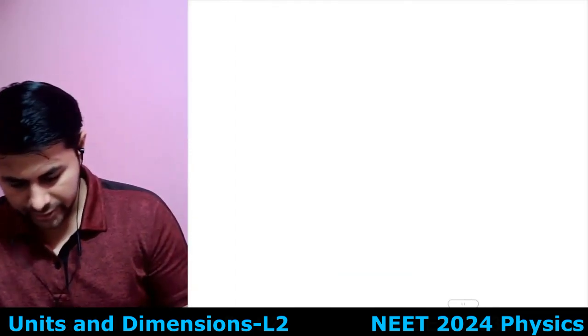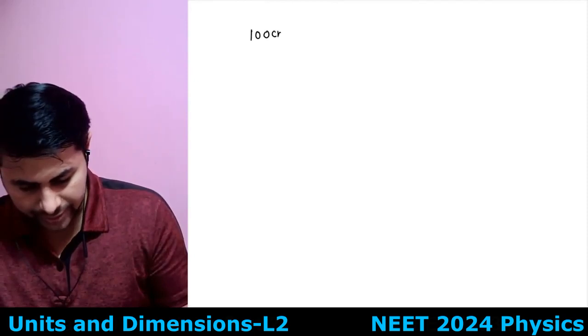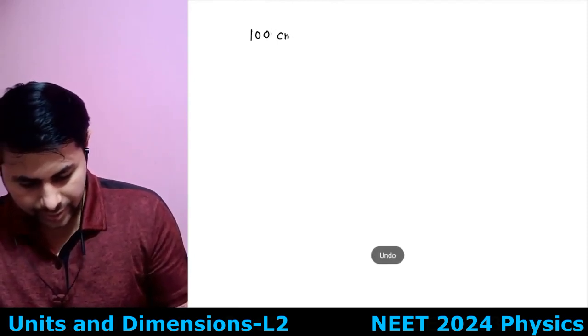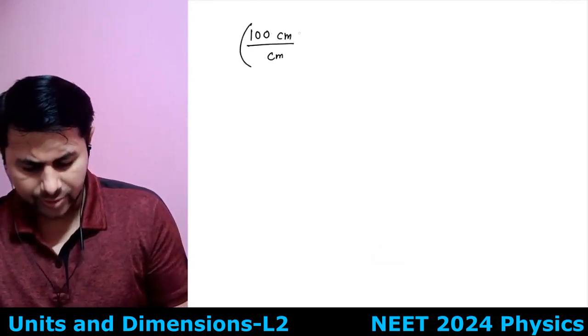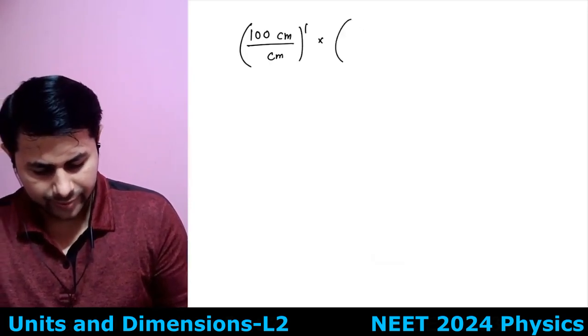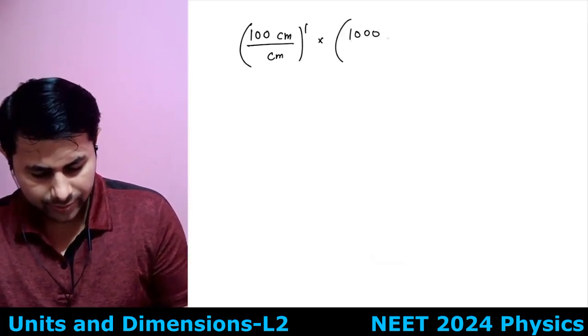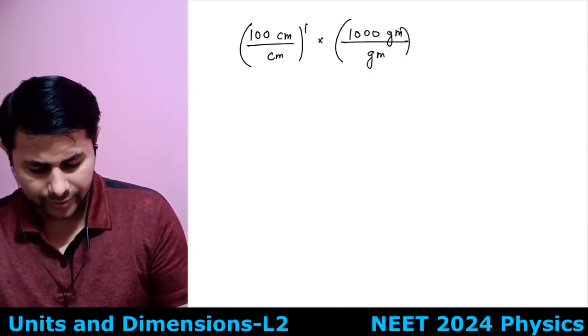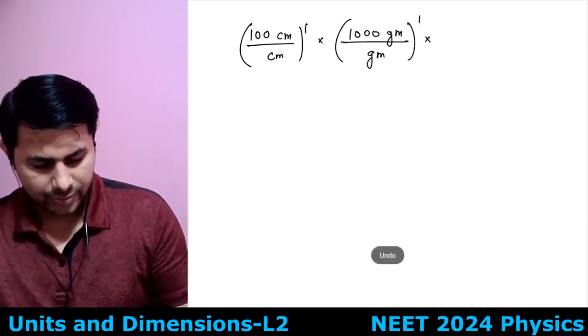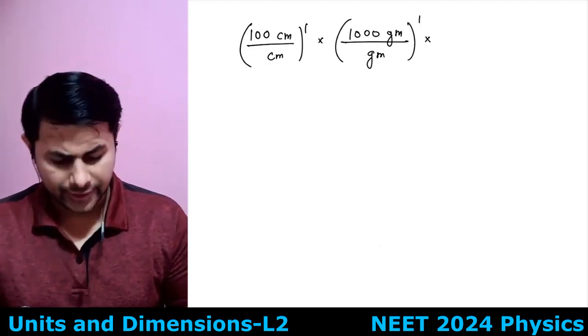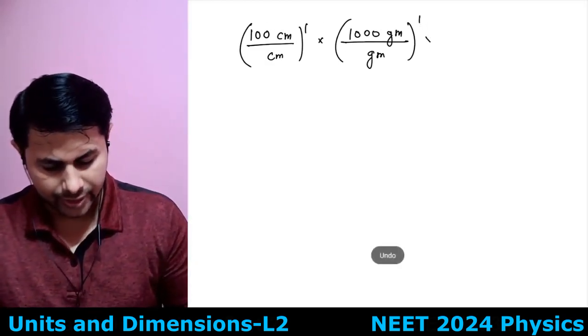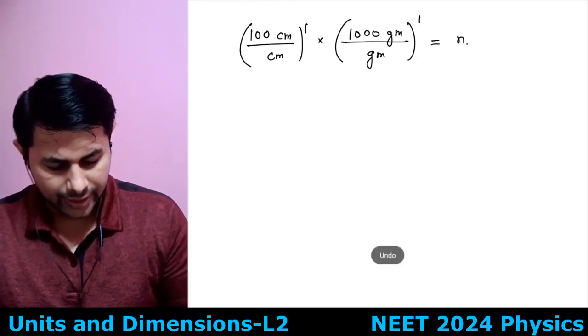So it is 100 centimeters divided by centimeter raised to the power 1, multiplied by 1000 grams divided by gram raised to 1, and second got cancelled. So this is equal to N2.